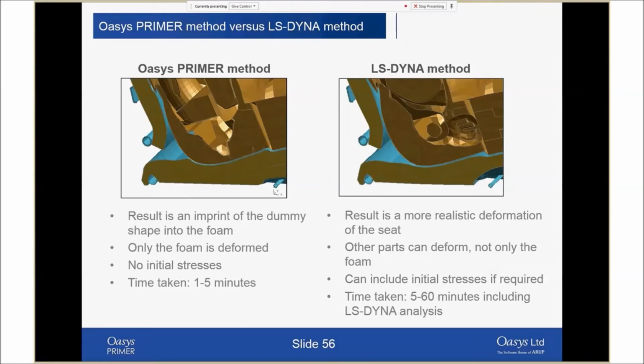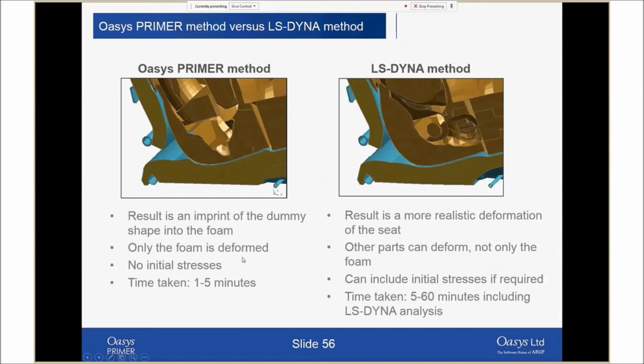So what are the advantages and disadvantages of the two different methods? With the Primer method, the result is really an imprint of the dummy shape on the foam, so it's not as realistic as you would get with the LS-DYNA method.